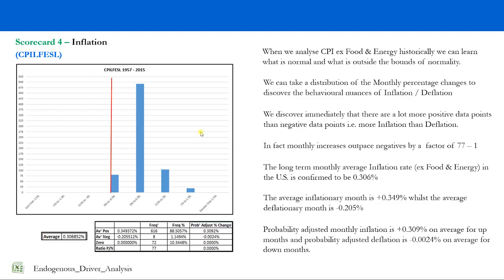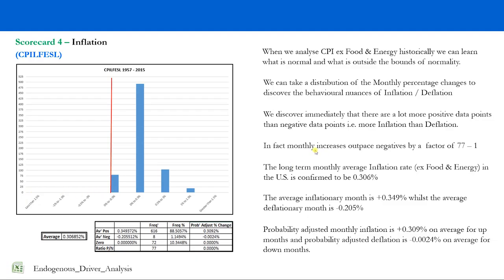And you can see straight away that there's a significant amount of positive data here relative to negative. In fact, on our scale, we can see no negatives whatsoever. There are negatives, but the size of the scale is such that we can't really see them on the chart.